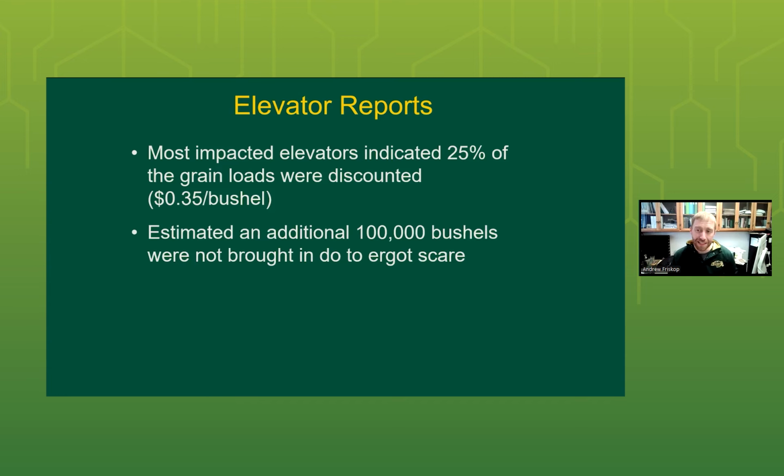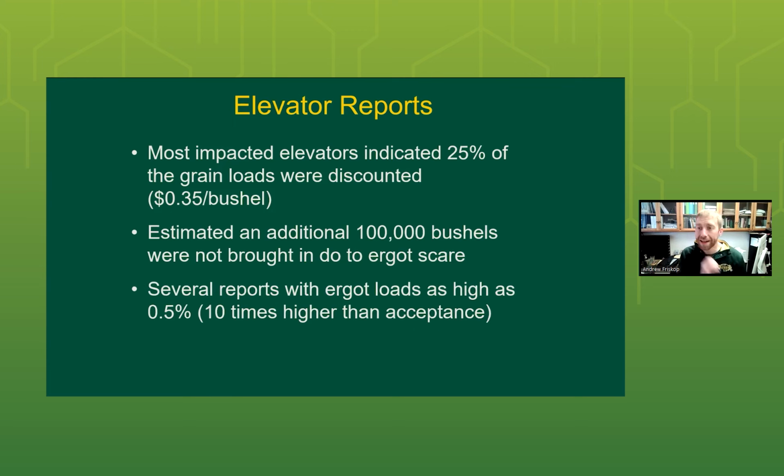As mentioned, some of these trucks weren't being brought in, about 100,000 bushels at one elevator were estimated not brought in, because they're still trying to figure out where the ergot was coming from, as far as trying to produce the highest quality crop we can for North Dakota. We had a wide range of ergot levels. I mentioned before that the threshold for ergot was 0.05%.